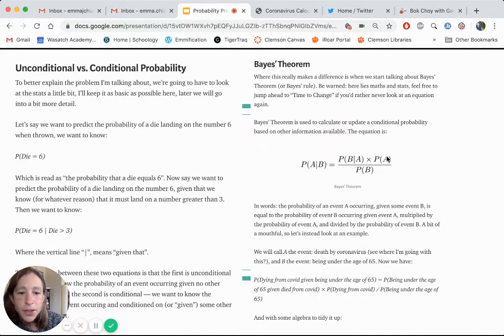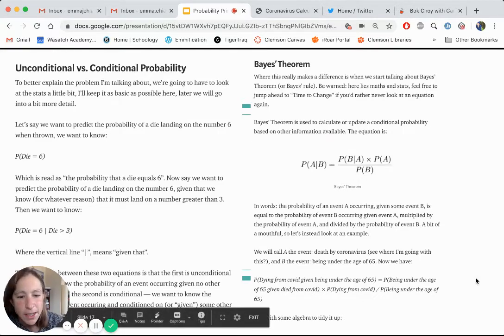So you're going to learn this formula called Bayes' theorem, which basically says that the denominator is going to end up being a smaller value. Like, we're only looking at the population of people who are over 65 and have a disease. So here they work out an example of the probability of dying from COVID given that you're under the age of 65.